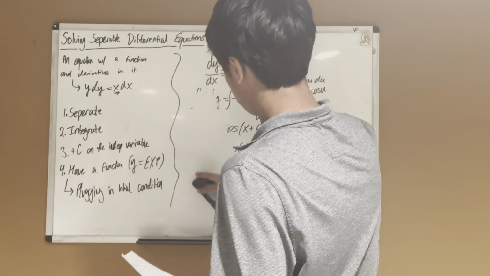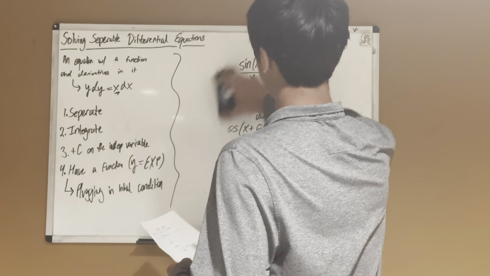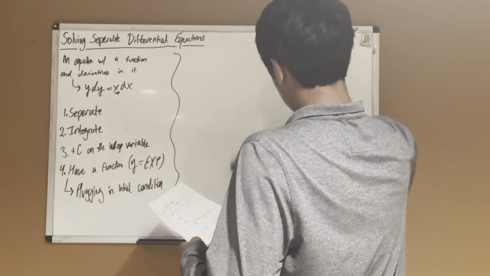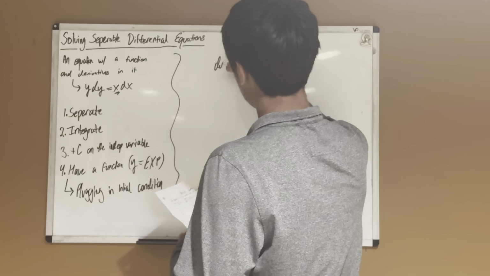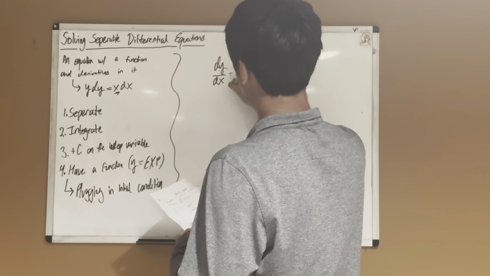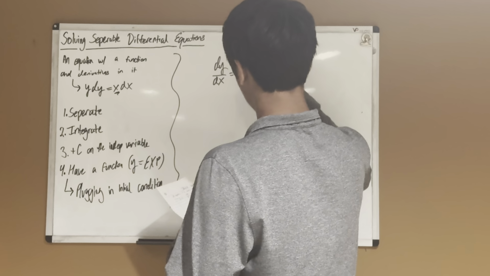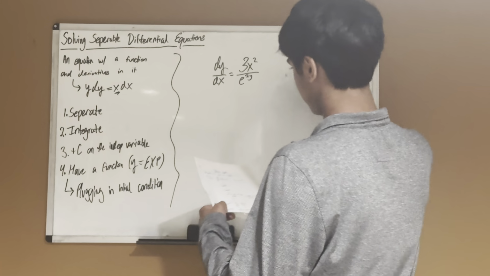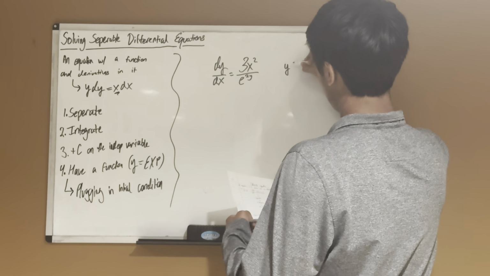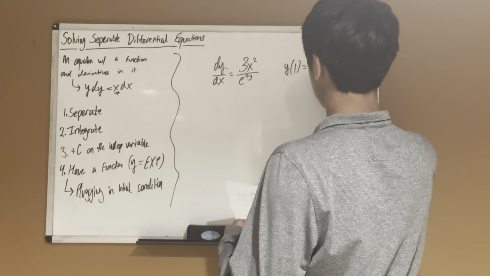For our final differential equation, we'll do one with an initial condition. So let's say we have the question dy over dx equals 3x squared e to the 2y, and we have the initial condition that y of 1 equals 0.